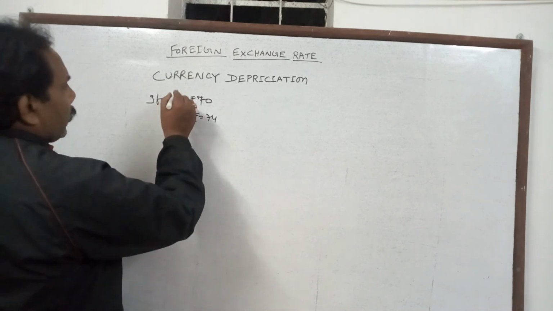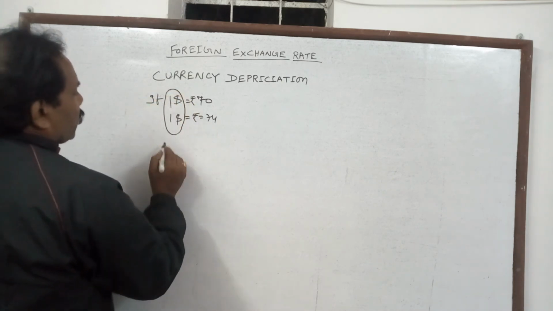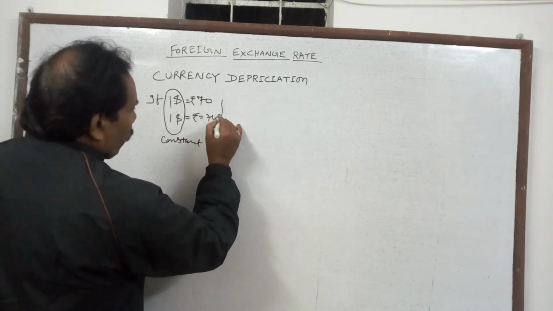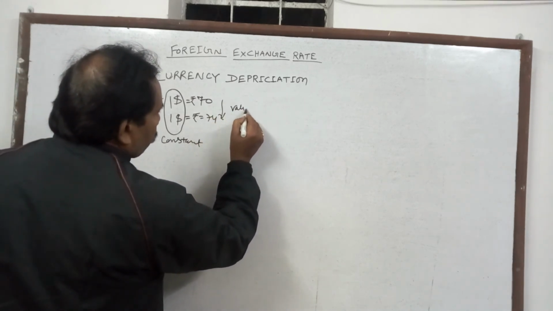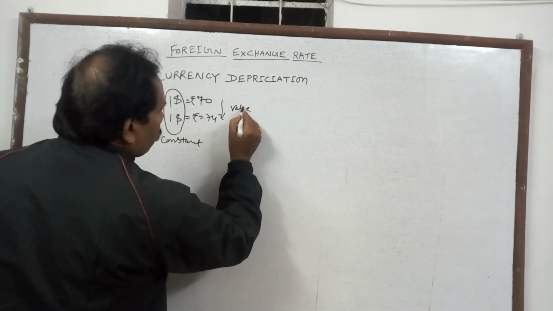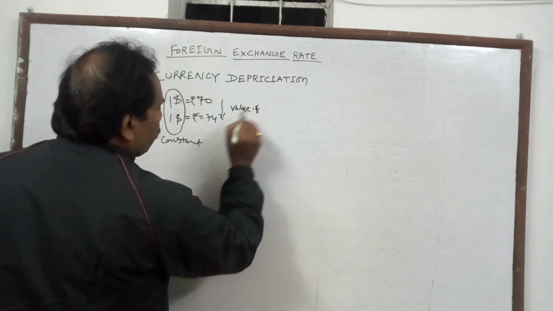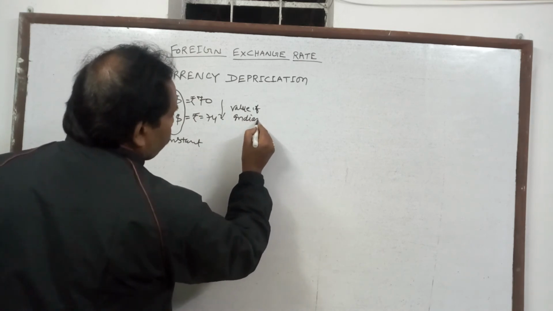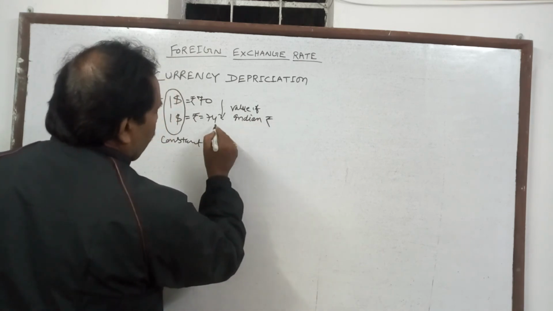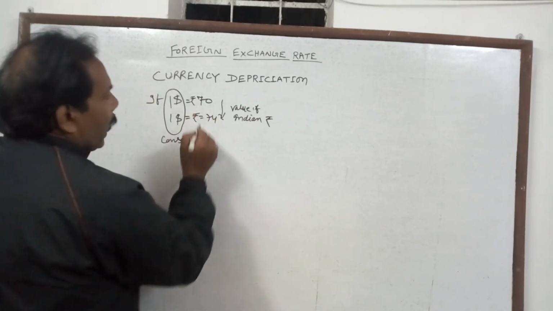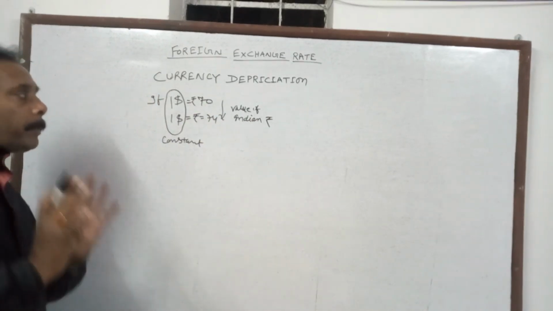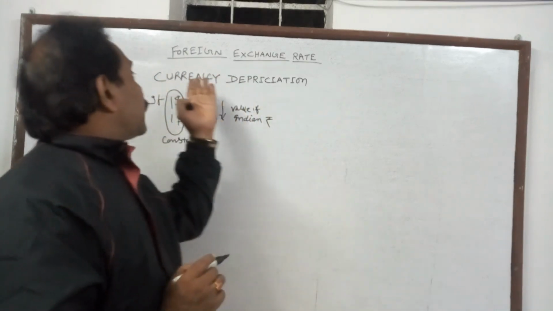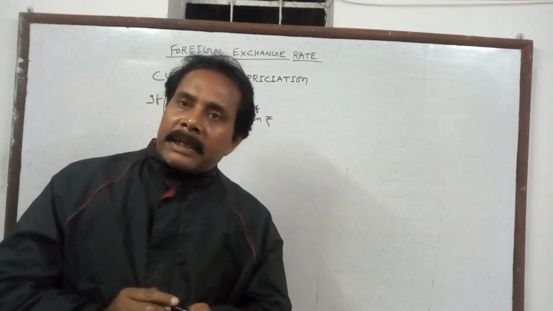So here the value of the dollar is constant, but the value of Indian currency, Indian rupee has declined. Okay, so we are paying here 4 rupees more for the same dollar, and it is known as currency depreciation. Is it clear?